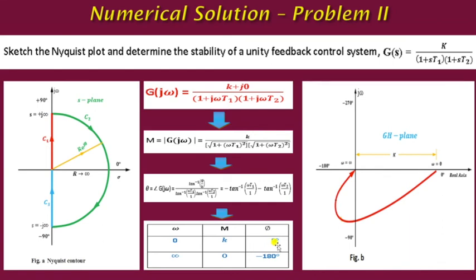Then put the first point, that means the starting point, on the 0 axis with magnitude K. Then omega is increased and the angle also increases, then crosses minus 90 degrees. Then the finishing point has magnitude 0 but angle minus 180. So this one is the C1 path plot in the GH(s) plane.